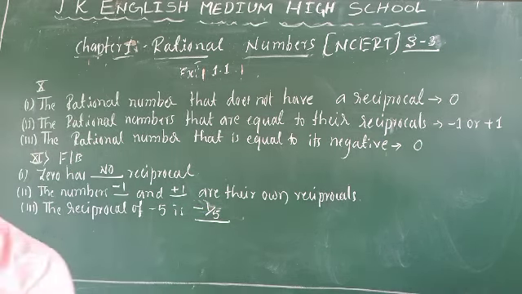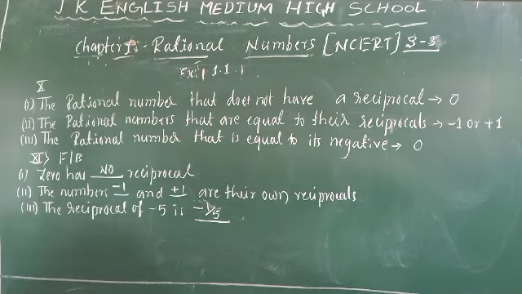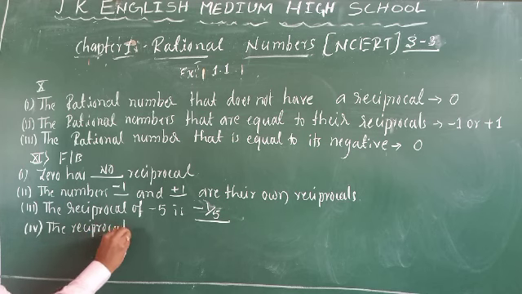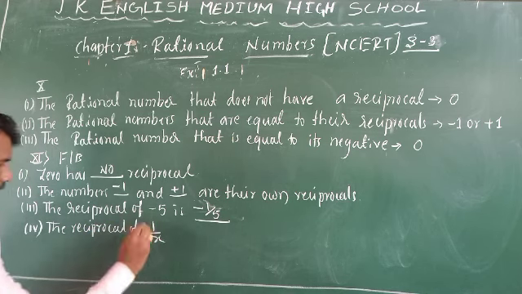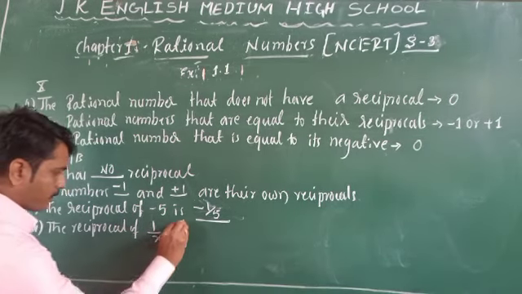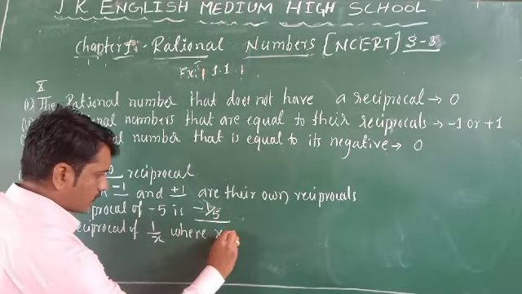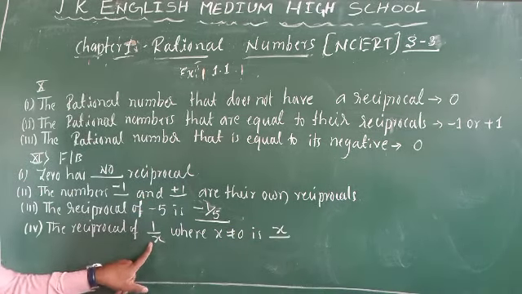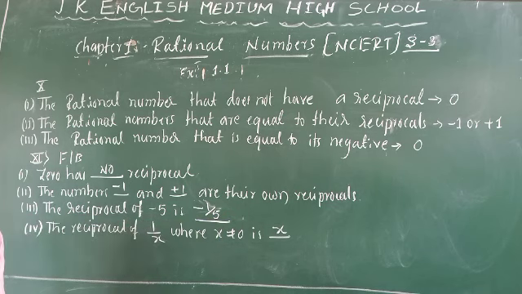Next question: the reciprocal of 1 upon x, where x is not equal to 0, is x. So x is in the denominator, we should write x in the numerator.